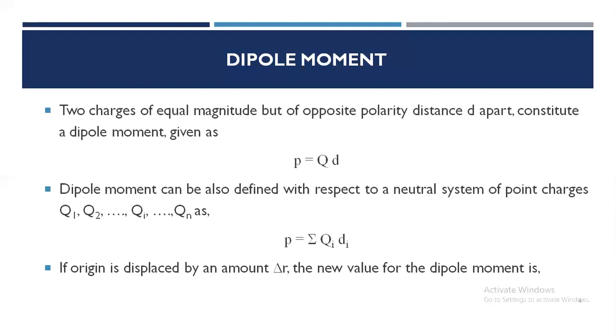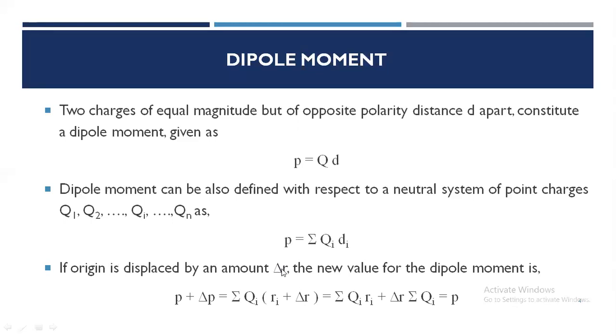Suppose the origin is displaced by an amount delta r, then the new value for the dipole moment changes. Here r is also a vector drawn from the origin of a coordinate system.